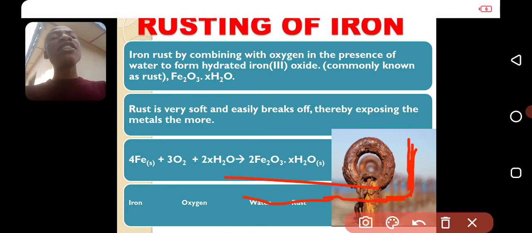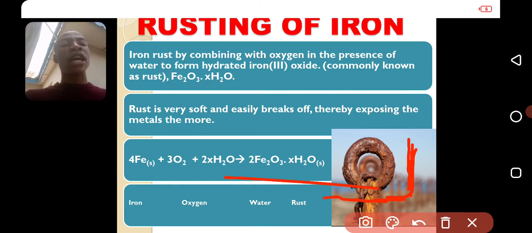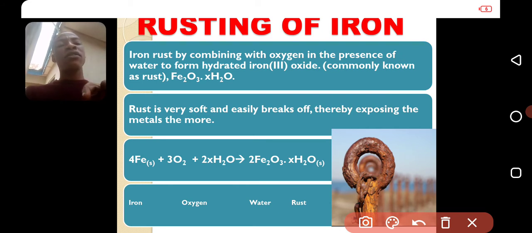You call hydrated iron(III) oxide rust. That is the name you give to it, rust. And the formula is Fe2O3.xH2O.